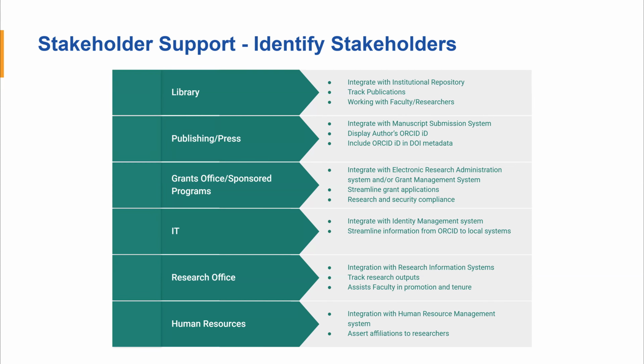So the different stakeholders have different goals when it comes to ORCID. And these are just ways for you to think when you are approaching a different department, a different unit in your organization, about what the goals are for that particular area. And you want to discuss that with them as well.